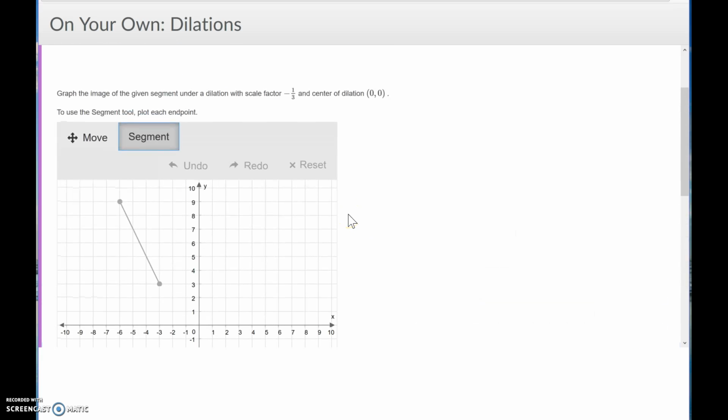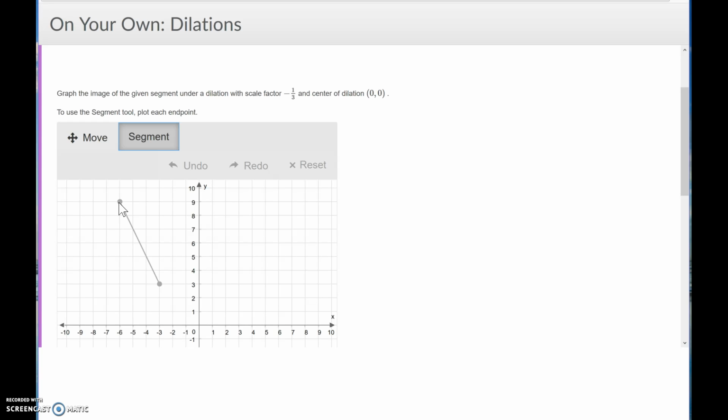All right, now we have this line segment that is dilated by a scale factor of negative 1/3. So we have to multiply everything by negative 1/3 or divide by negative 3, which is the same thing. Our first coordinate is at 9, negative 6.